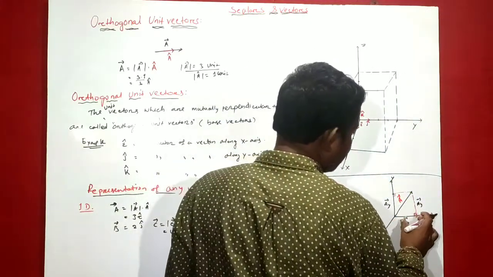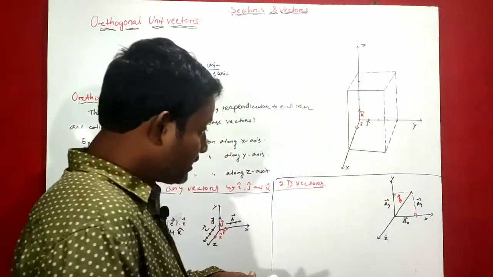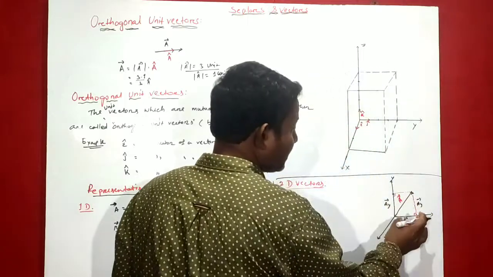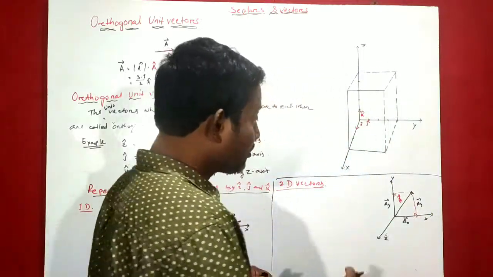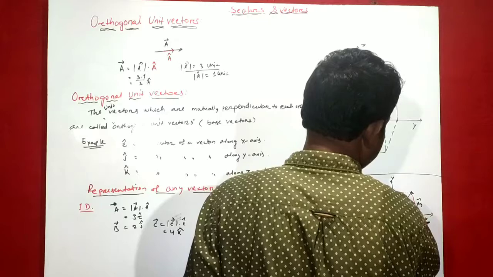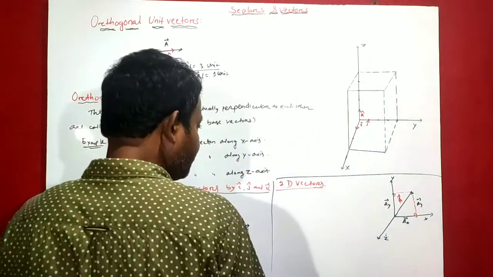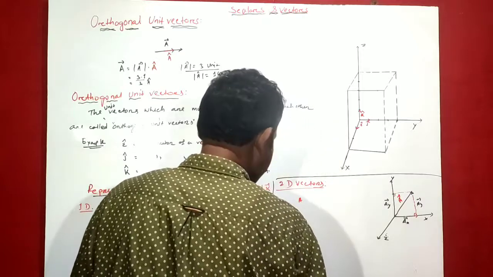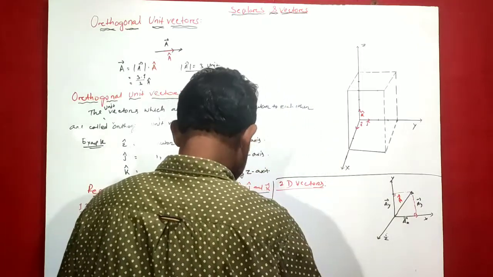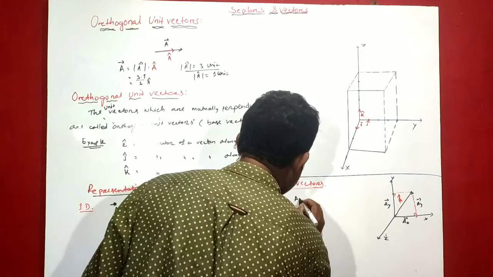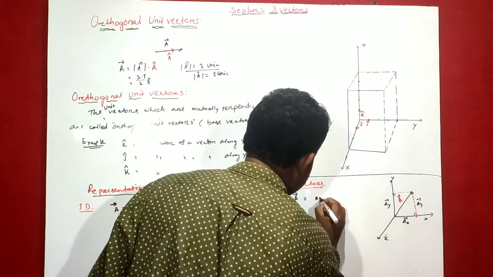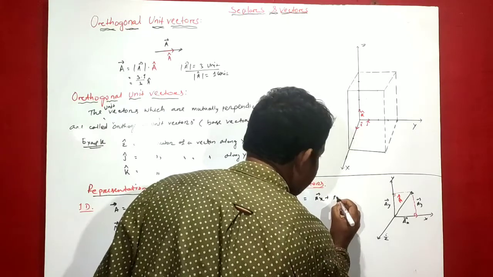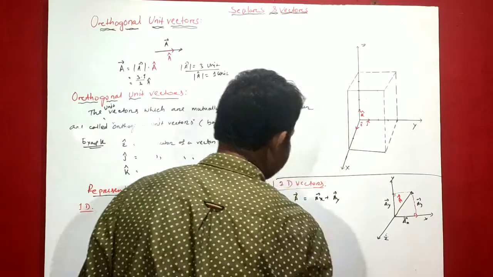So these vectors are in the same order, but A is opposite in order. So A is the resultant of both Ax and Ay vector. So I can write A vector is Ax vector plus Ay vector.